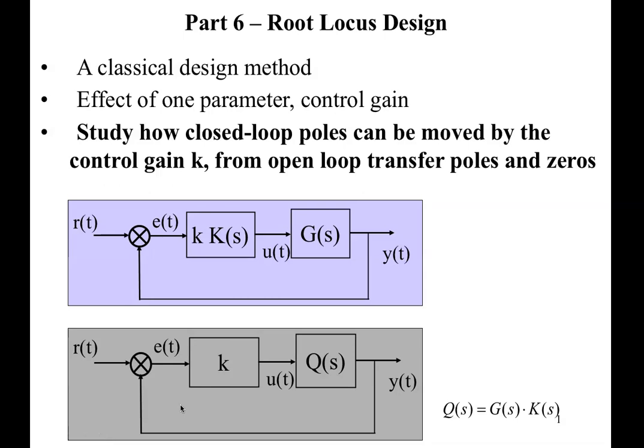So we want to find a way that will give us all the possible closed loop poles corresponding to different k values without finding the closed loop transfer function first. Okay, so there's a particular technique for that, which is called the Root Locus design technique. So we will work on that basis, trying to work out the k value and the relationship to the closed loop poles. The open loop transfer function is fixed. Okay, so we're not going to try to change any of that.